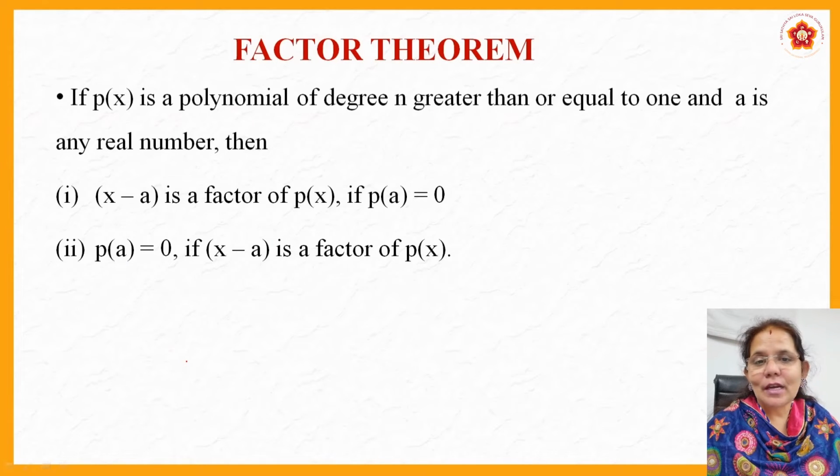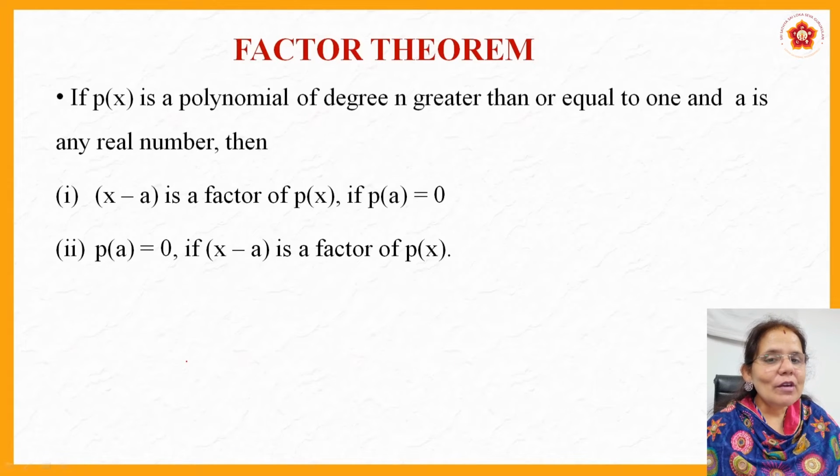In the last question that we did in part 6, you were asked whether the given algebraic expression is a factor of the given polynomial or not. So what did we do? We found the remainder, and if the remainder is 0, we would call it a factor.